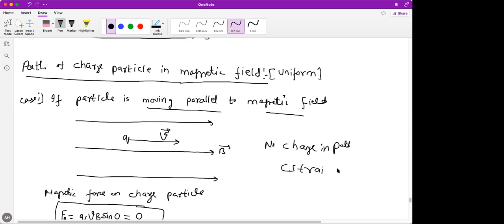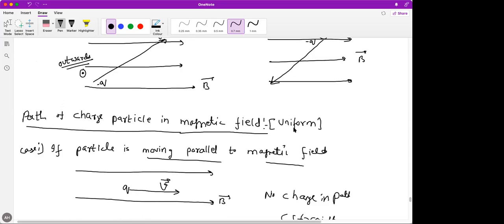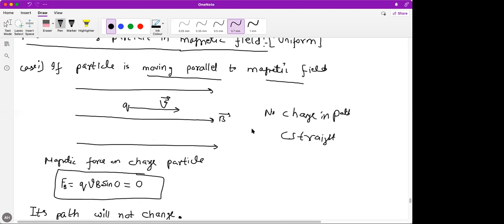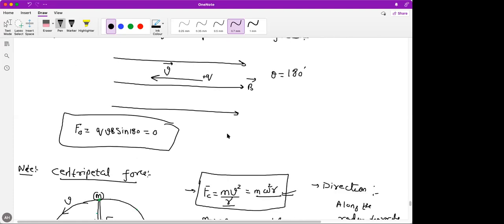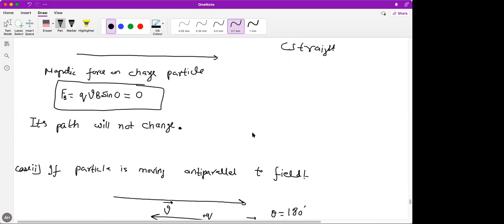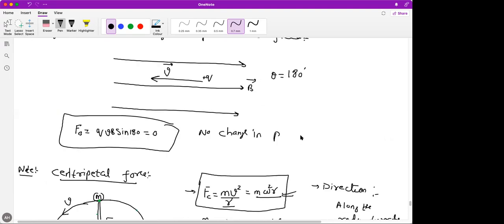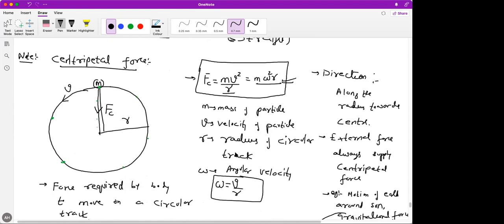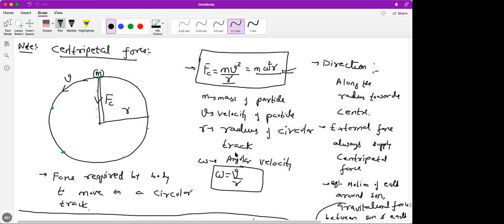Here also no change in path. It will go straight. But if it is moving perpendicular, then yes, its path will change and it will move on a circle. Its path will become circular if it is moving perpendicular to magnetic field.